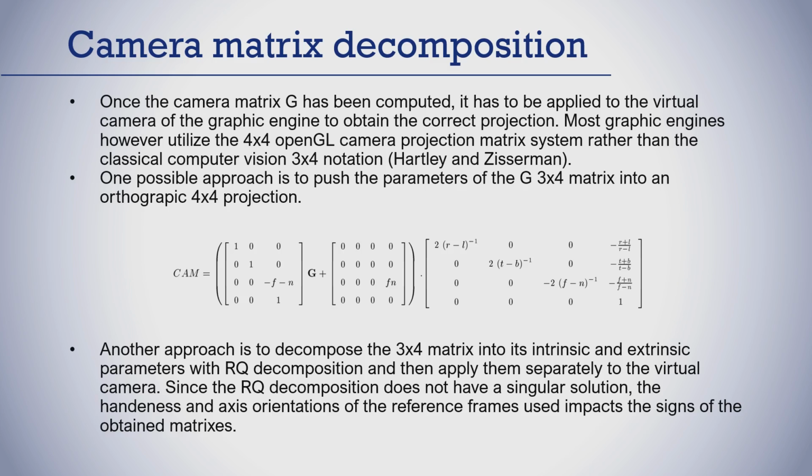For example, if you change the signs of the first row and the first column of the two obtained matrices, you obtain by multiplying them again the same projection matrix, but if you then apply those different matrices to the projection, you obtain different results because maybe you have flipped axes. So there is some additional tinkering to do with the axes, and you have to study the geometry of the scene to see how the handedness of your coordinate system, and of the coordinate system of your model, were oriented.